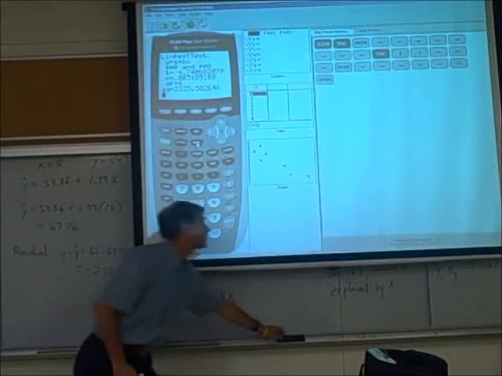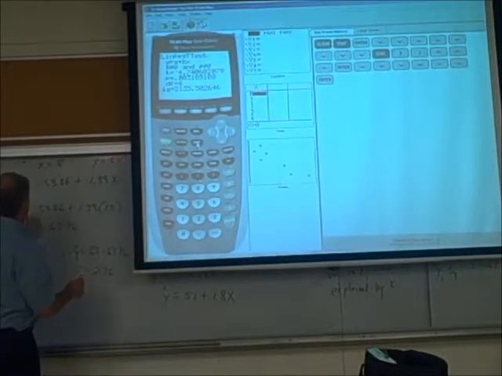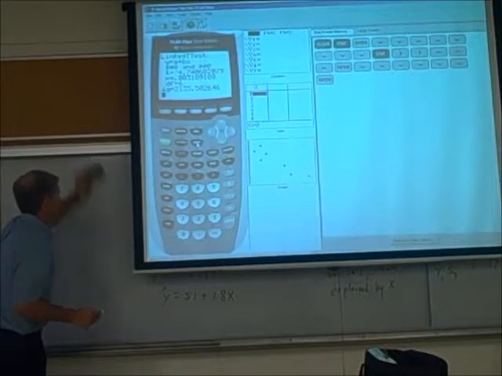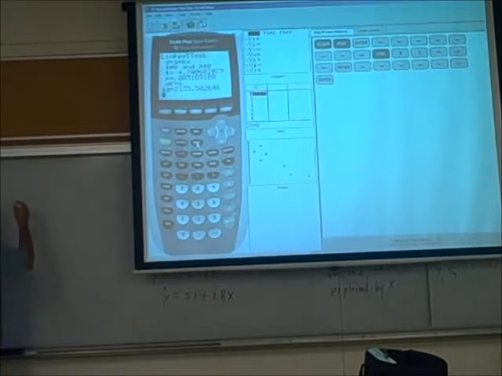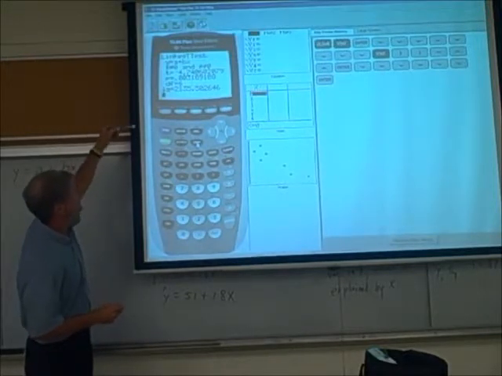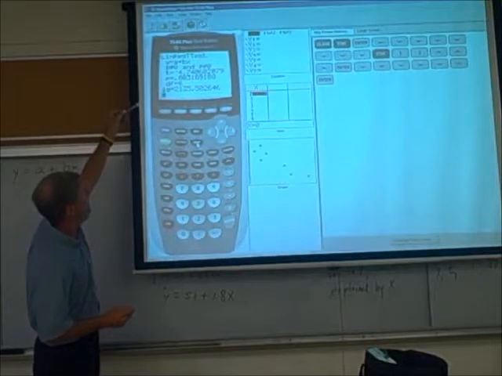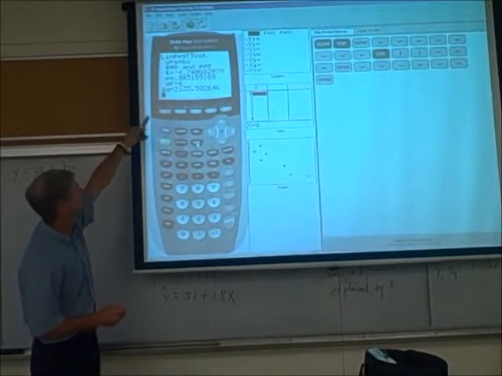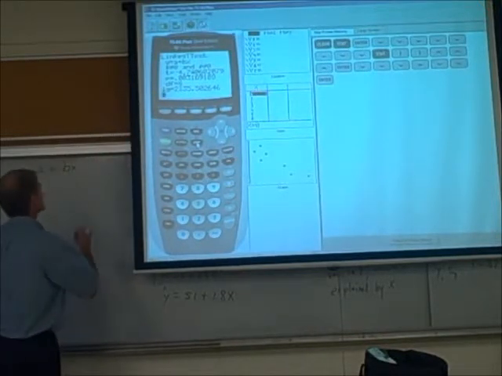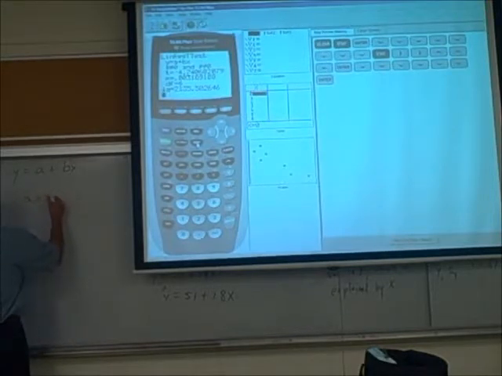And at the top of the output, it says y equals a plus bx. And that's not telling you anything you didn't already know. It's just reminding you of the format of the line. Which one is slope and which one's intercept, right? Then there's four lines that we don't care about: the t, the p, the df. But the a we care about. So it tells me that a is 2135.50.